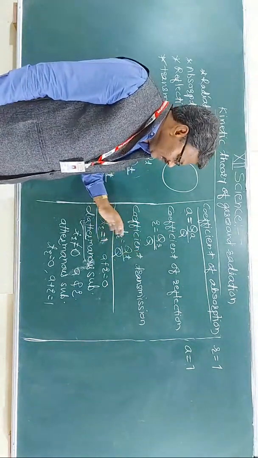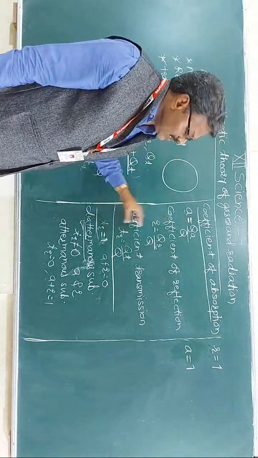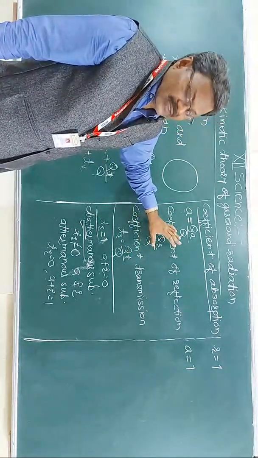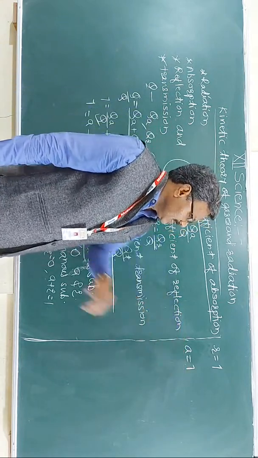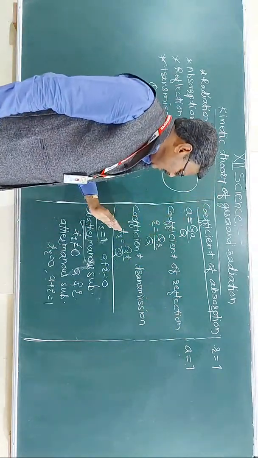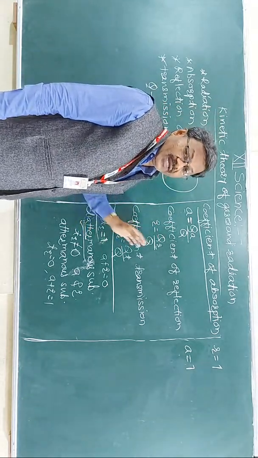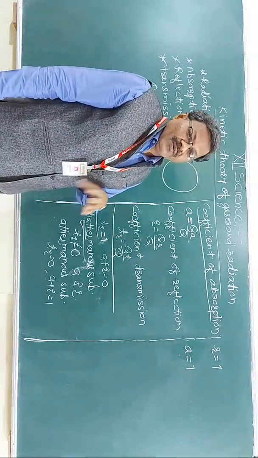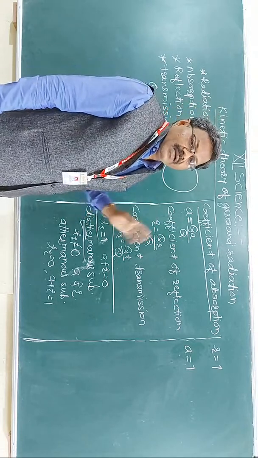When we cancel the units, it is a unitless quantity. Now, A, R, and TR depend on the temperature of the body or the nature of the body. They also depend upon the wavelengths of the heat radiation.